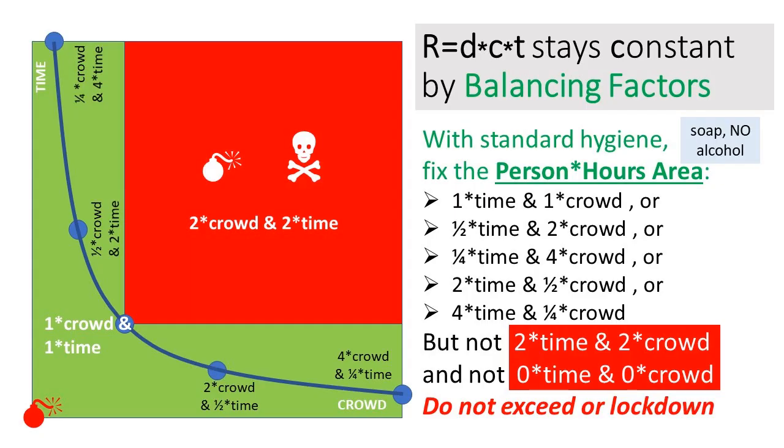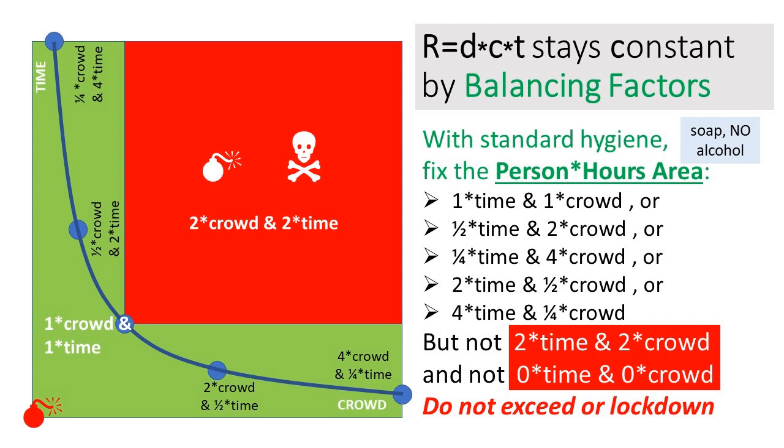But the three-factor formula also shows that the reproduction stays constant by balancing the three infection factors. So, with standard hygiene, that is using soap but no alcohol, the combined effect of crowd and time is an area that is kept constant by balancing the changes.